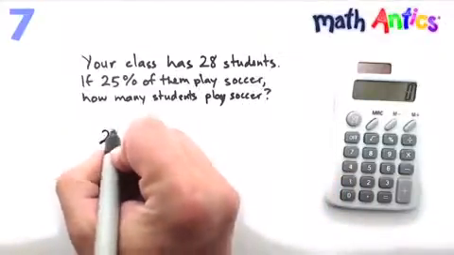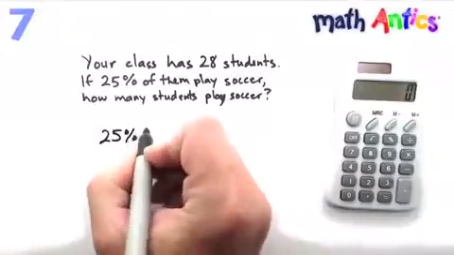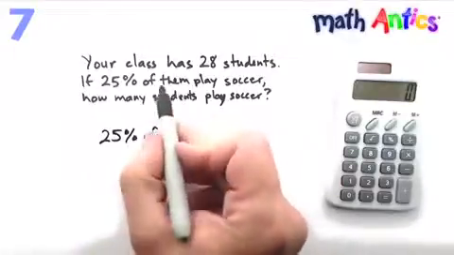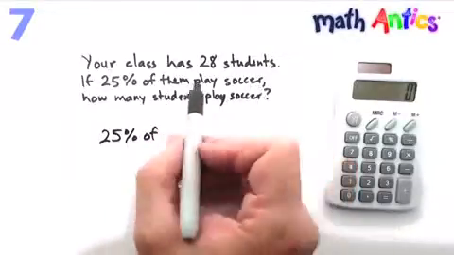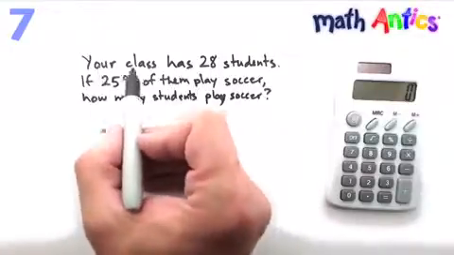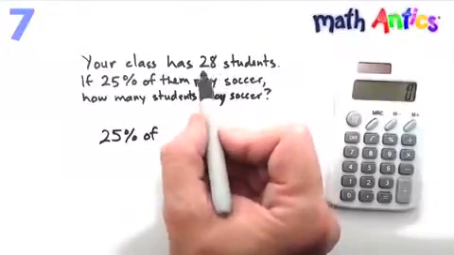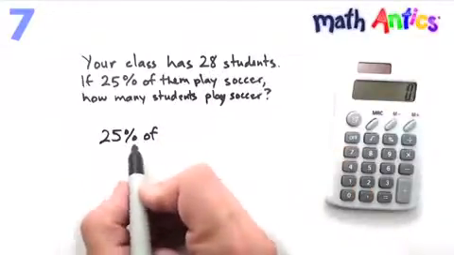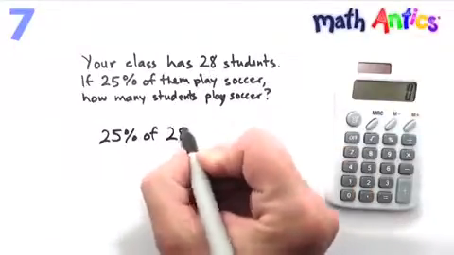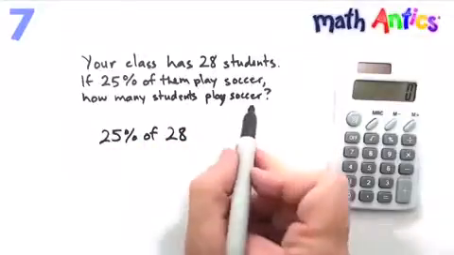So far, we know that 25% of them play soccer. Them, let's see, your class has 28 students. So them is referring to the 28 students. So 25% of 28 is how many students play soccer.